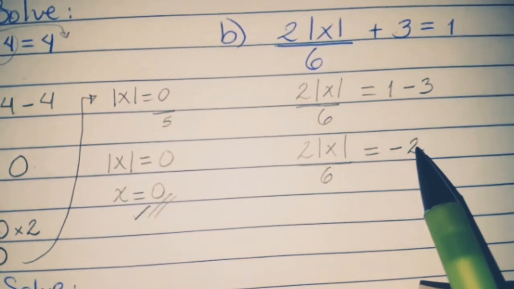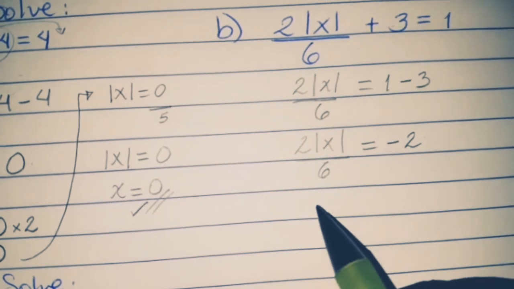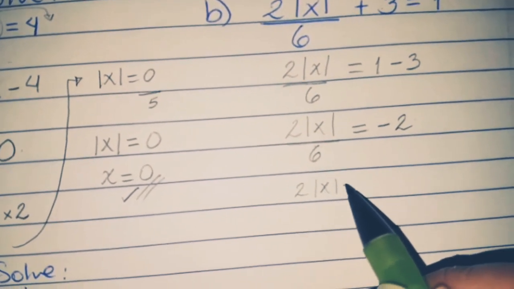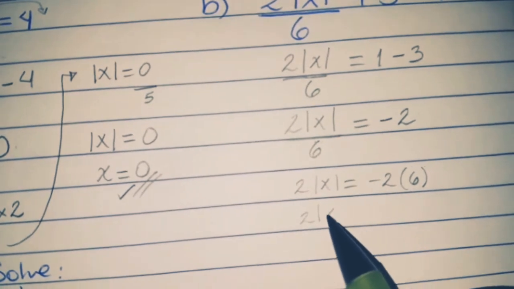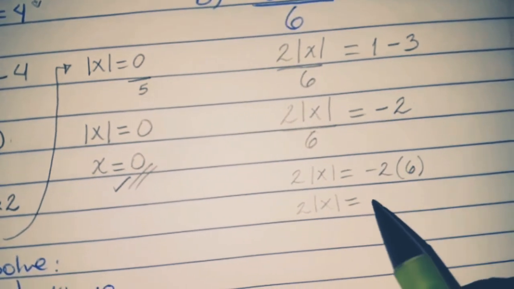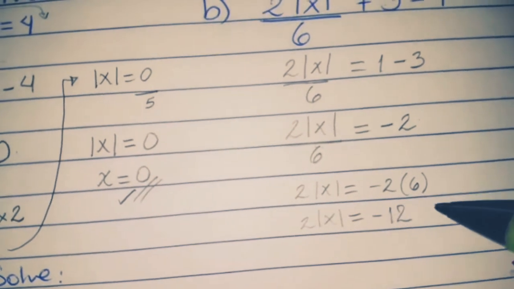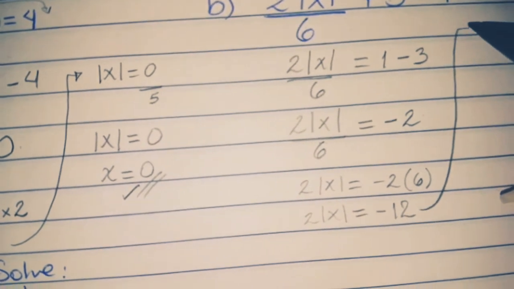The 6 goes to this side of the equation, multiplying. 2 absolute value of x equals negative 2 times 6. 2 absolute value of x equals negative 12.